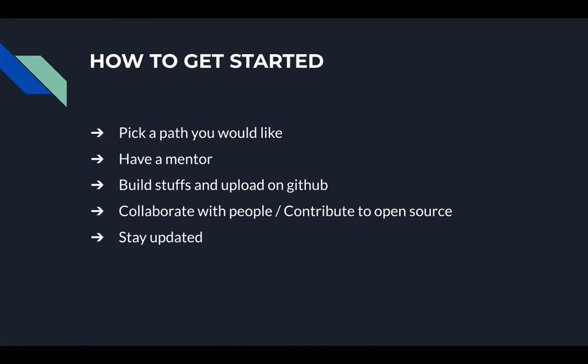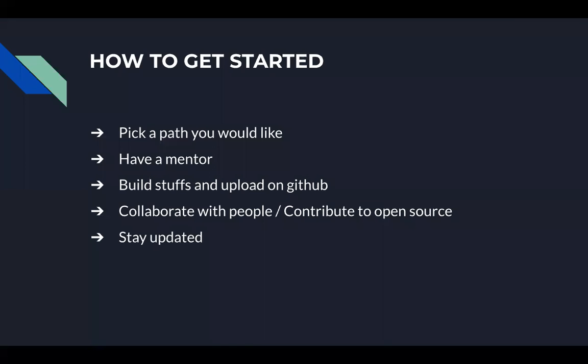So then lastly is stay updated. As a developer, things change very, very much. So for instance, we all know that Kotlin is the latest official language for Android development. Some of us might be thinking of switching from Java to Kotlin.